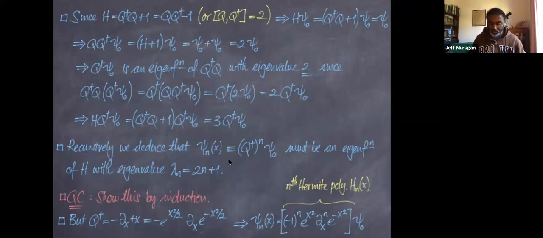So that's how these two things tie up together. And the key thing here is that we didn't have to actually solve the Hermite polynomial equation. We were able to deduce it using these operator methods. Any questions? Everybody happy with this?